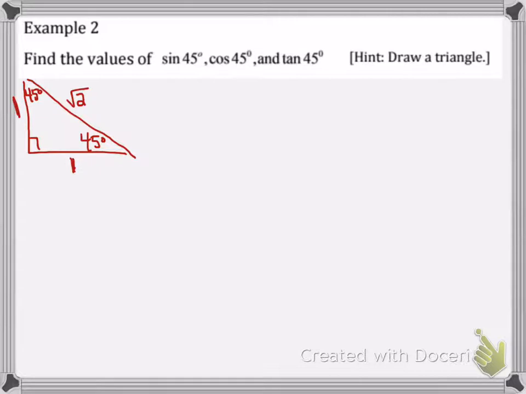Now that could be found by either doing the Pythagorean theorem, or by remembering the relationship between a 45-45-90 triangle. So now the sine of 45 degrees, and it does not matter which 45 degrees you're looking at, I get opposite over hypotenuse. Now remember, we cannot leave a radical in the denominator, so I have to rationalize it.